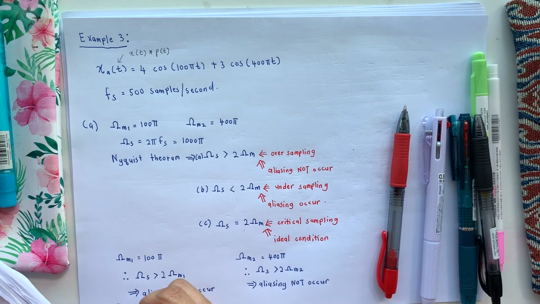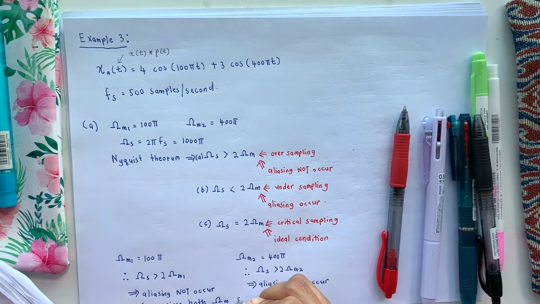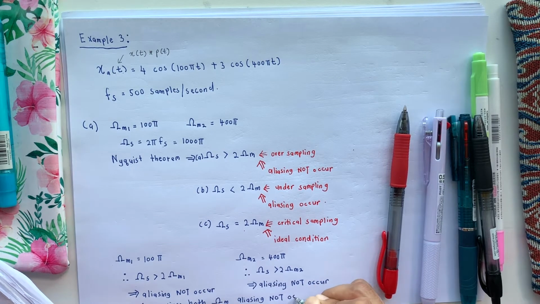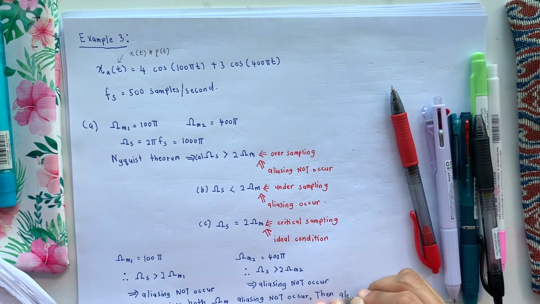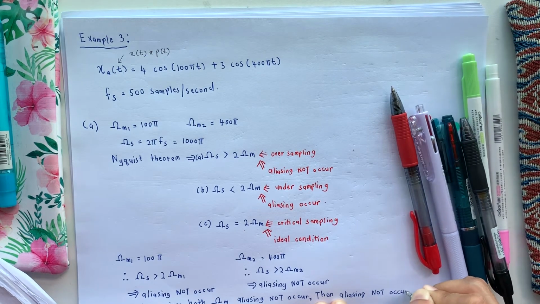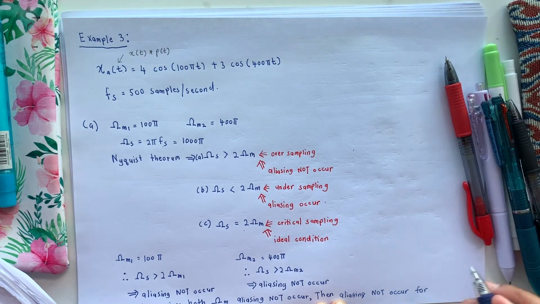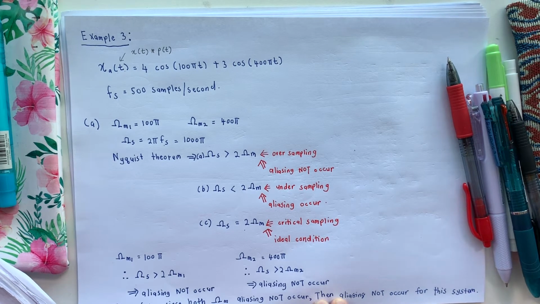Therefore, since for both ωm aliasing does not occur, aliasing does not occur for this system. Done. This is for part A.